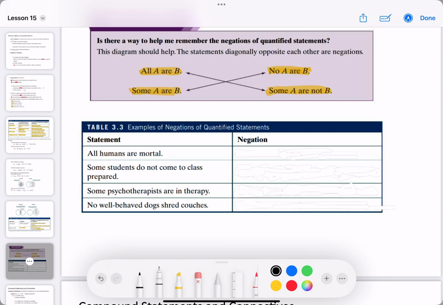The first one is all humans are mortal. The negation is some humans are not mortal. Second statement, some students do not come to class prepared. The negation is all students come to class prepared.